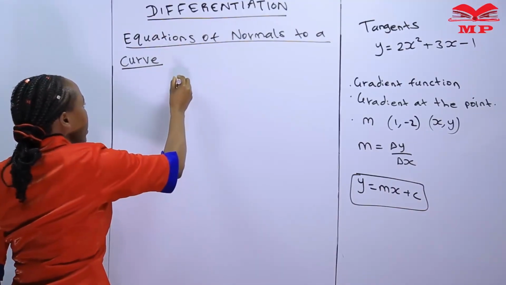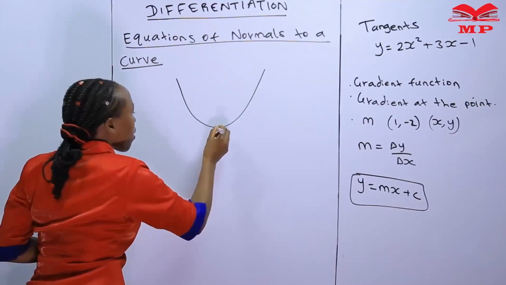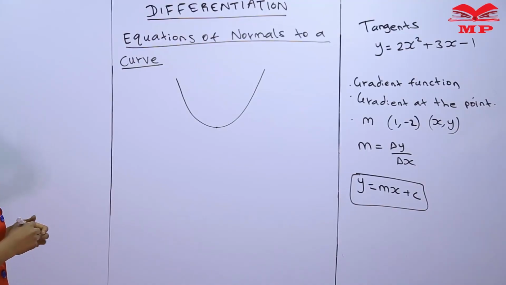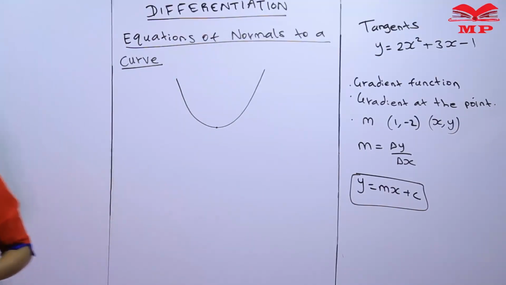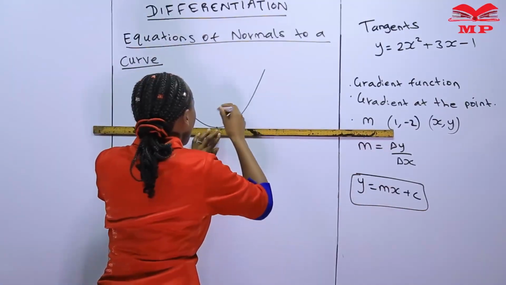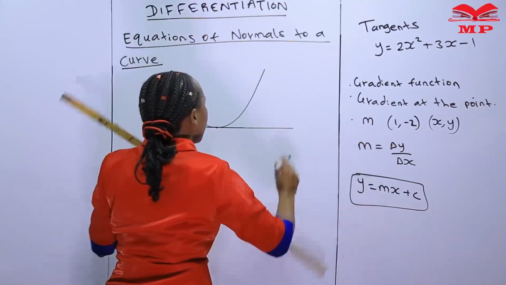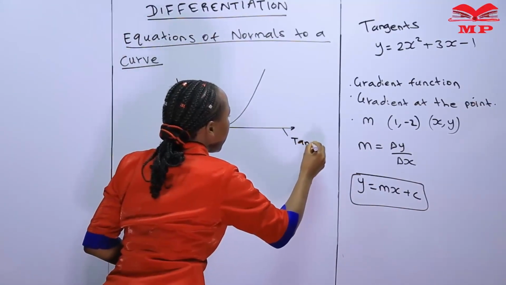If you consider this curve here, and we have our point here, and we want to know what we mean by normal at a certain point. If we have our tangent, the line touching that point, this is our tangent.